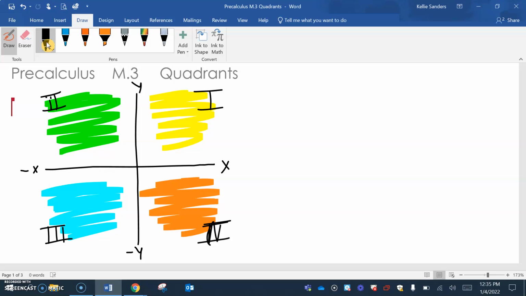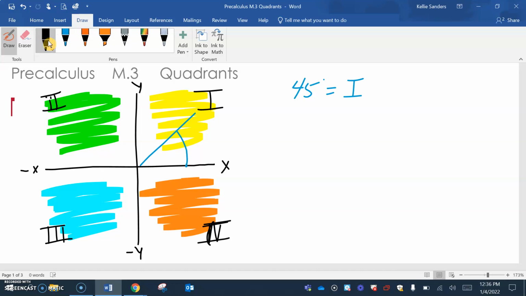So if we're graphing, let's say 45 degrees. You start on the positive x, and you go 45 degrees. So when that ends, what quadrant would it be in? Quadrant 1, right?